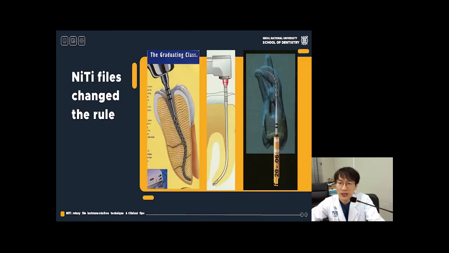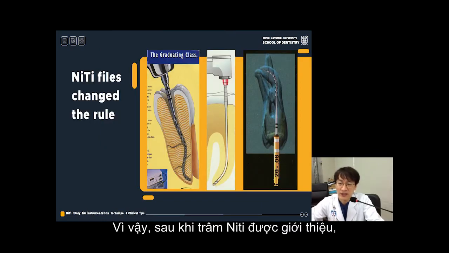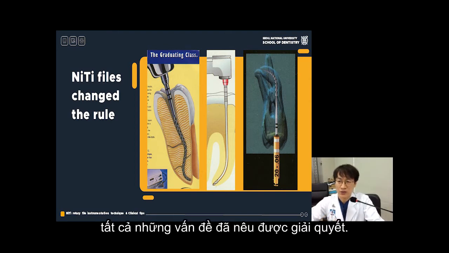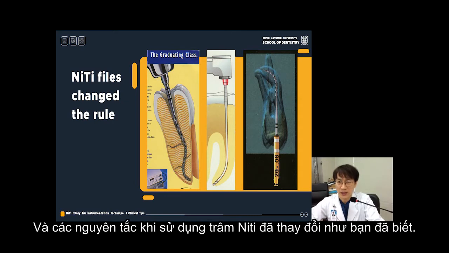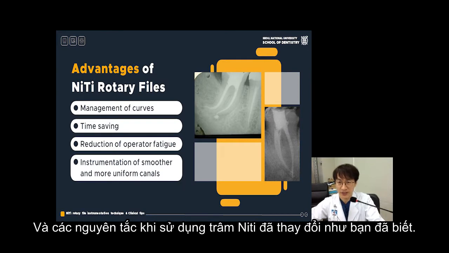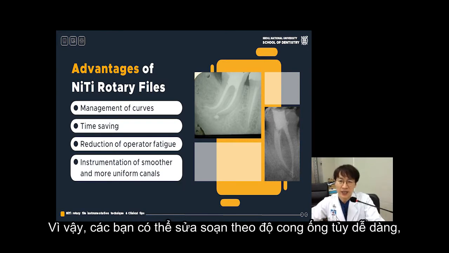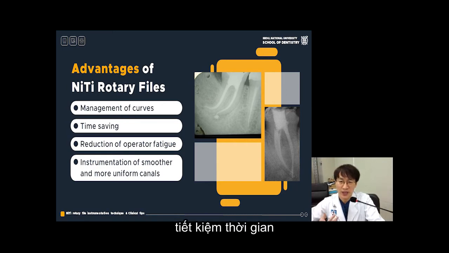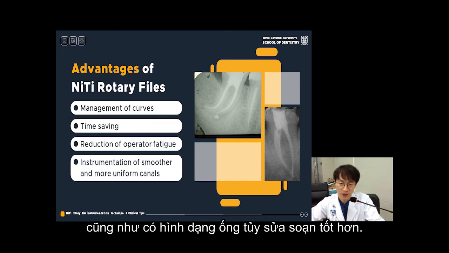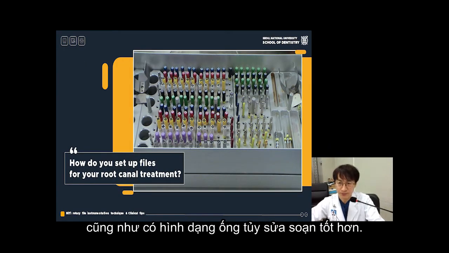So after the NiTi file was introduced, all these problems started to be solved, and the rules have changed by using this nickel titanium file that you already know. So that makes you follow the curvature easily, and you can save time, and also the operator's fatigue is reduced, and you have a better shape of the root canal treatment.